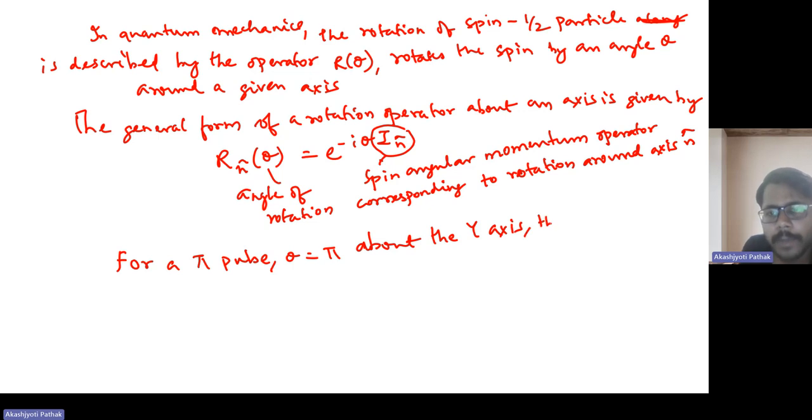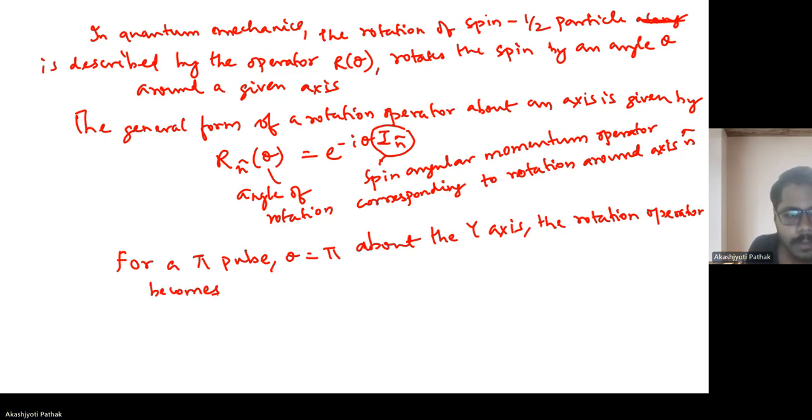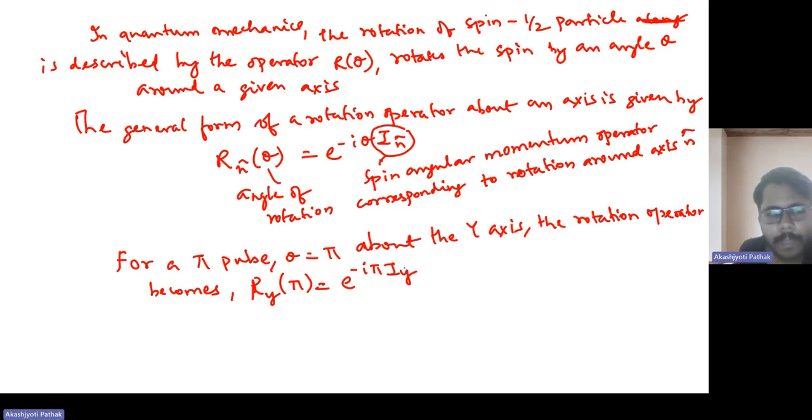The rotation operator becomes R y of pi, which is e to the power minus i pi Iy, where Iy is the angular momentum operator along the y-axis.